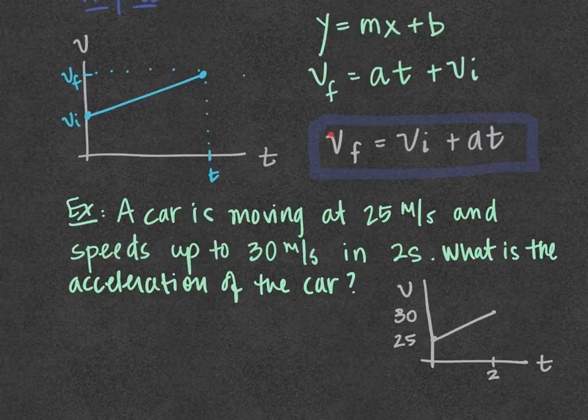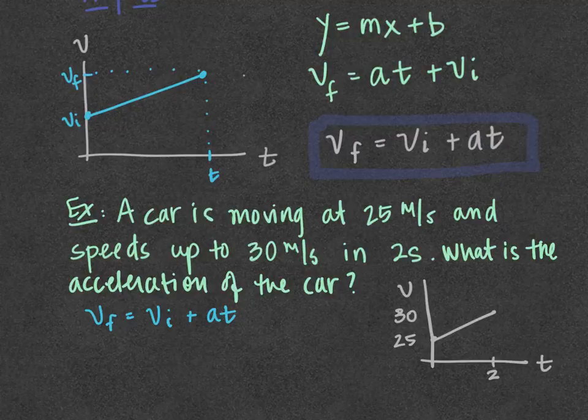Well, knowing our final velocity, our initial velocity, and our time, we can either use the slope equation, or we could use this equation that we get from the equation of the same line on a velocity time graph. So v final equals v initial plus at. Now I want to substitute.